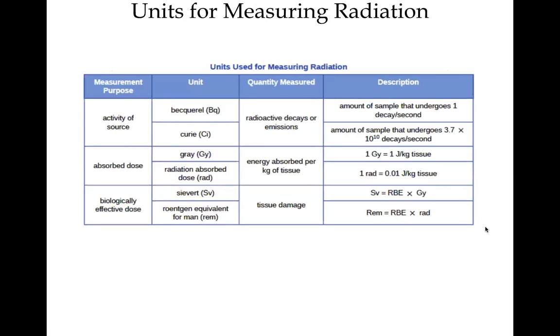And this just breaks down some of the more, this is not a comprehensive thing to read. It's looking at activity of source. So the top one is radioactivity, becquerels and curies, and gives you a brief description of what's going on, and then absorbed dose, so the grays and the rads, and then biologically effective dose, or dose equivalent, sieverts or REMs.